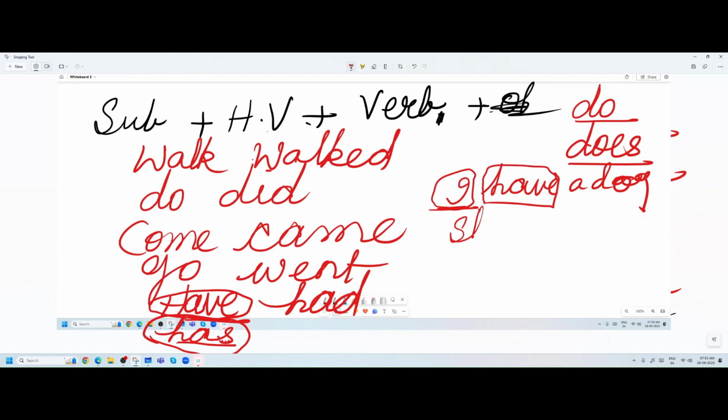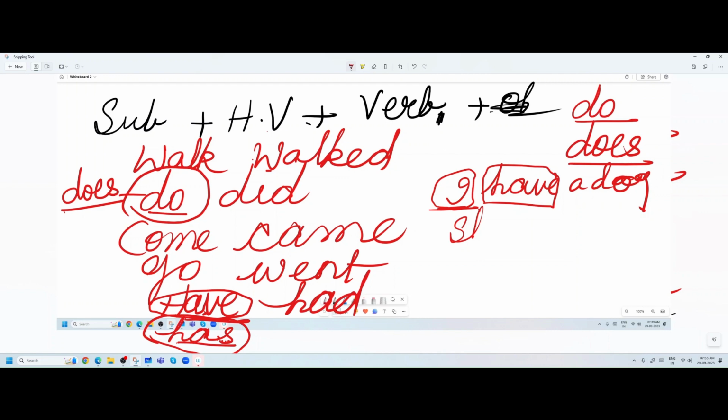Certain verbs in English act as helping verbs and also as main verbs. Very few of them are there. Do is one such word which acts as a main verb and also as a helping verb, and does is another one which is used for a singular subject.